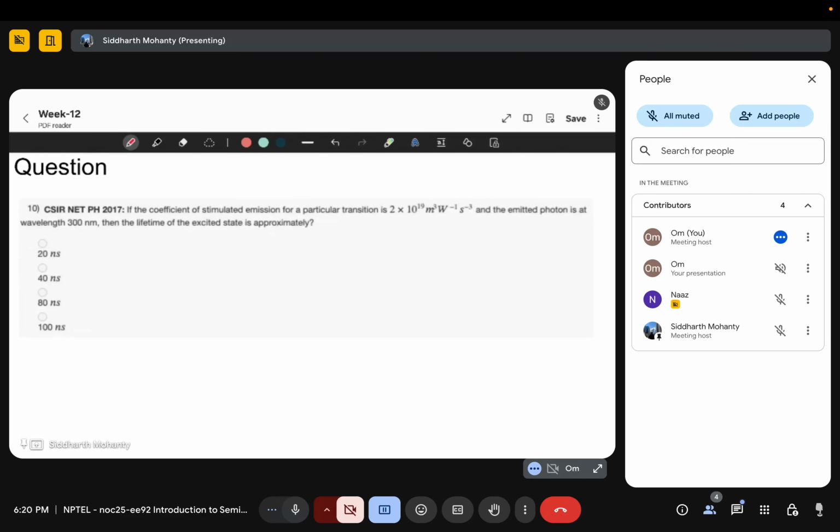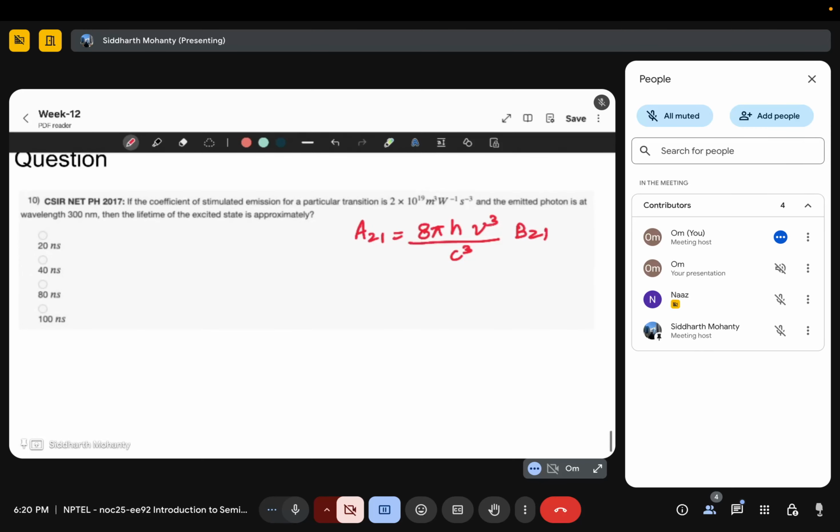So we know this relation: A21 is 8 pi h nu cube by c cube times B21. And also tau is 1 by A21.